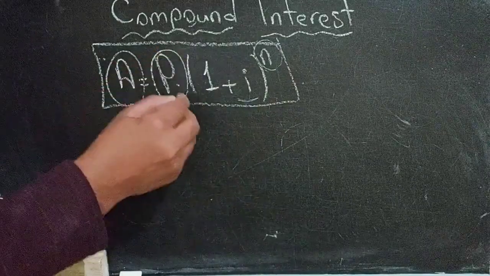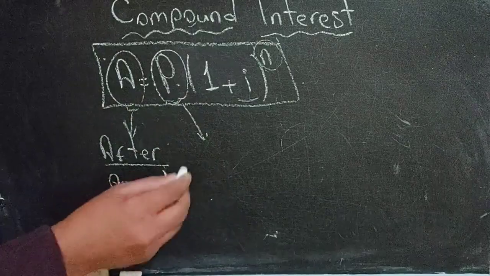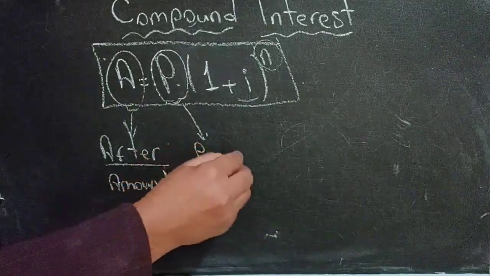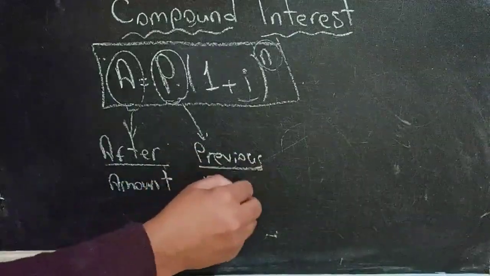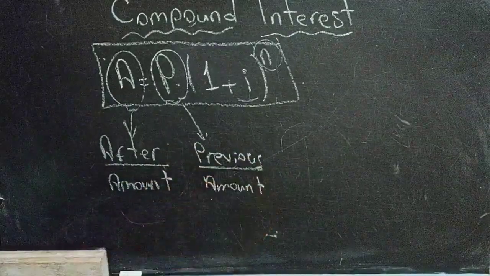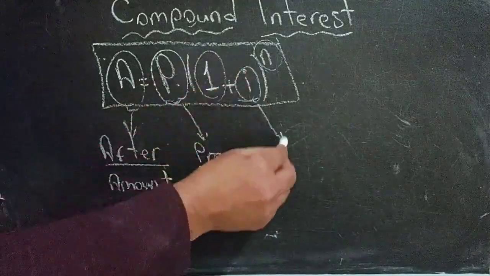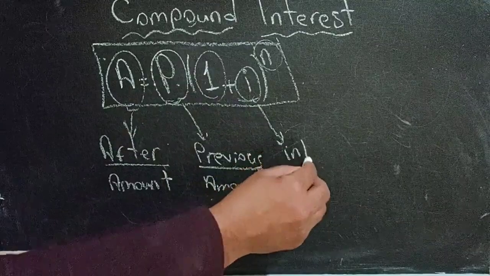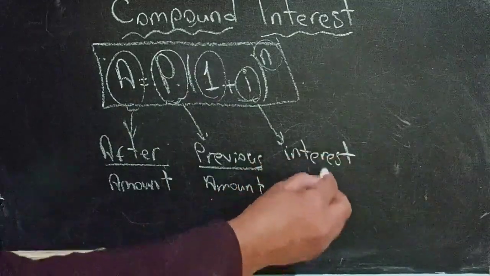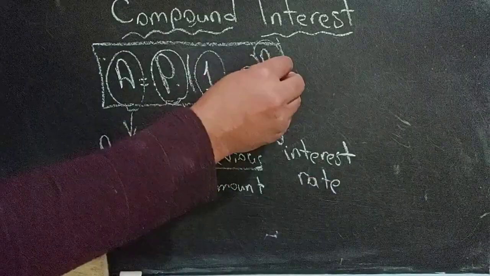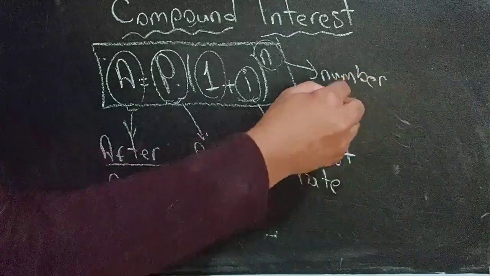P means the previous amount. i is the interest rate, and n is the number of years.